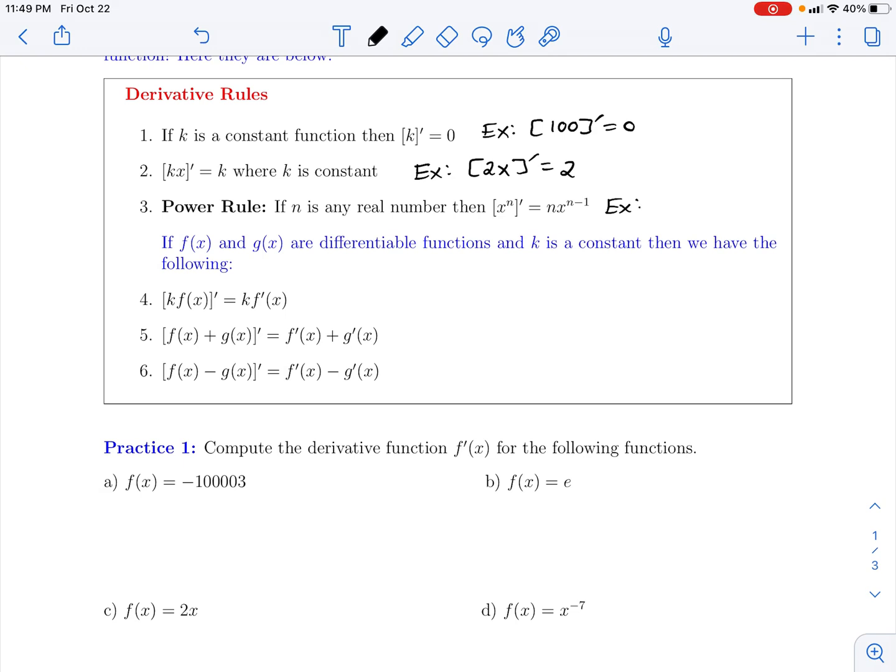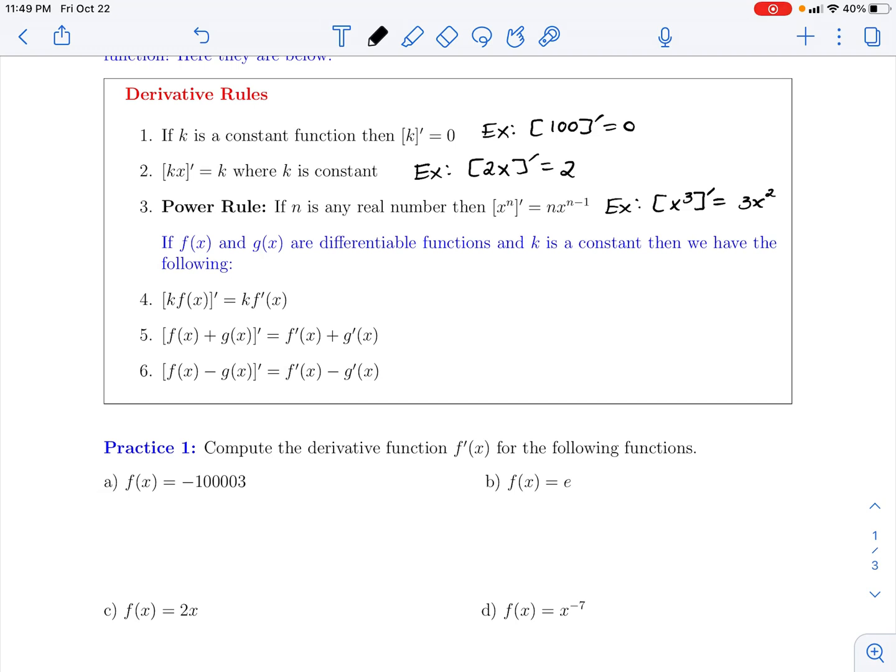So an example would be something like x cubed. The derivative of x cubed: bring down the 3, copy the x, and then it's to the power minus 1, so x squared. So the derivative of x cubed is 3x squared.